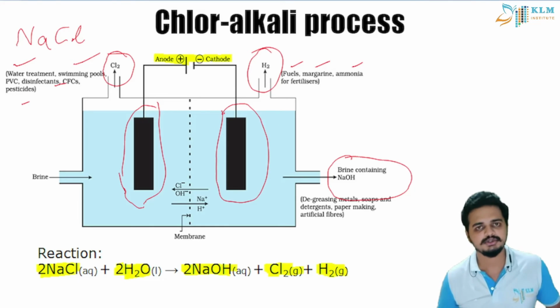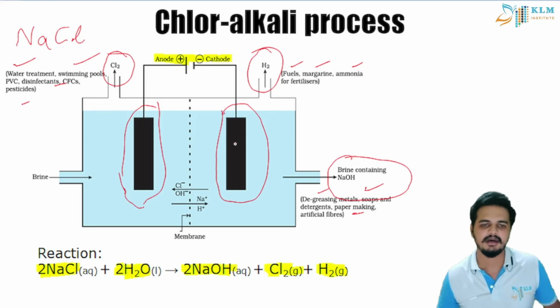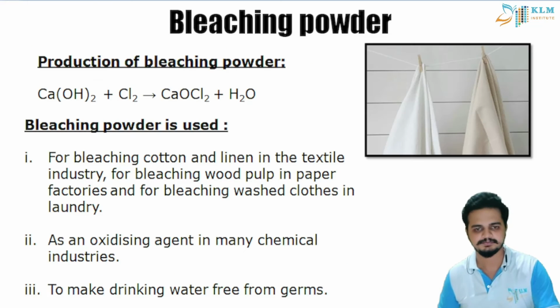There are so many uses of hydrogen too, and we are also getting our main product, which is sodium hydroxide. We use sodium hydroxide in labs. We already know that. It is used in making soaps, detergents, and paper, and degreasing of metals. So many uses, students. This is known as the chlor-alkali process.